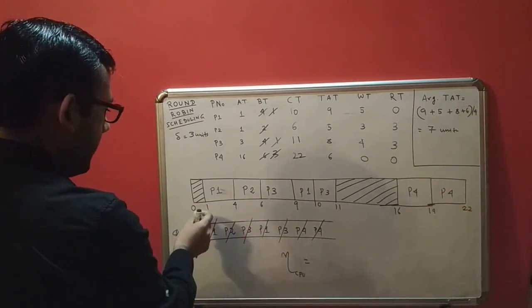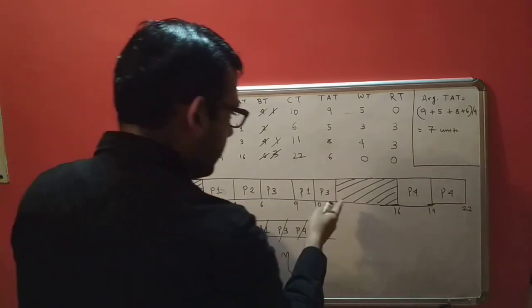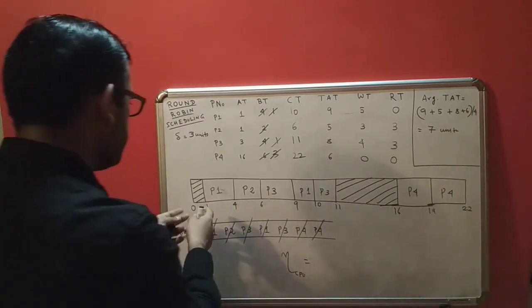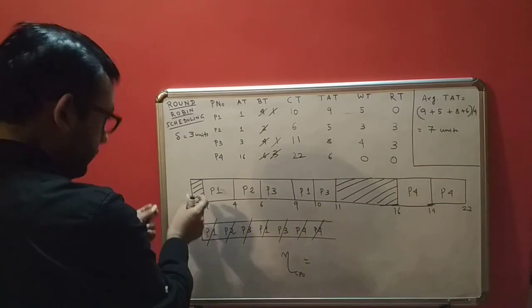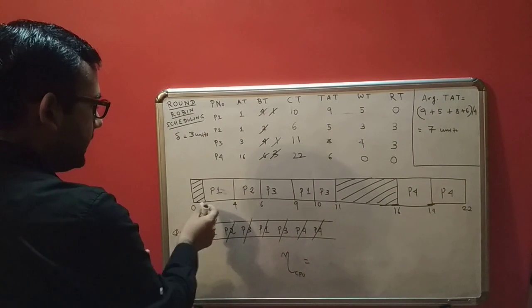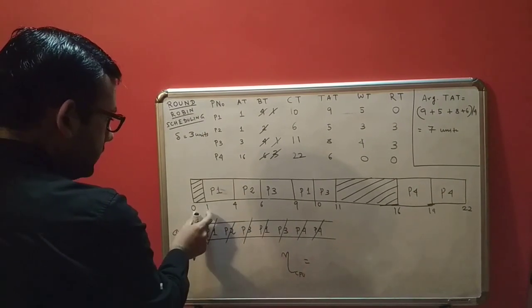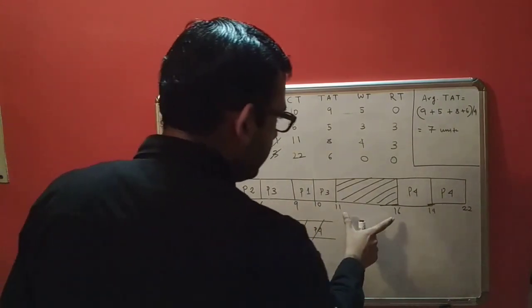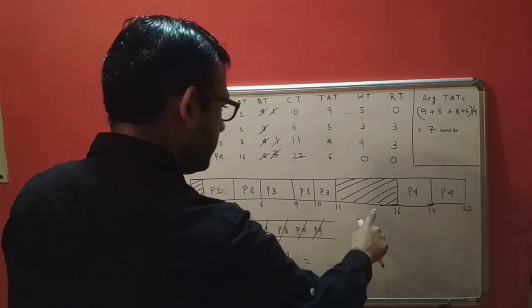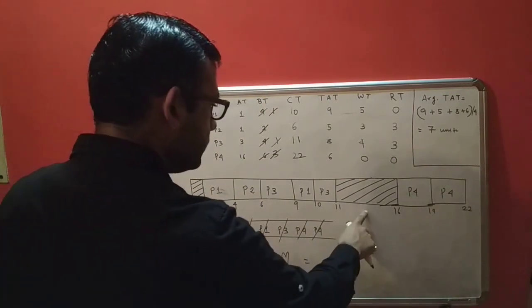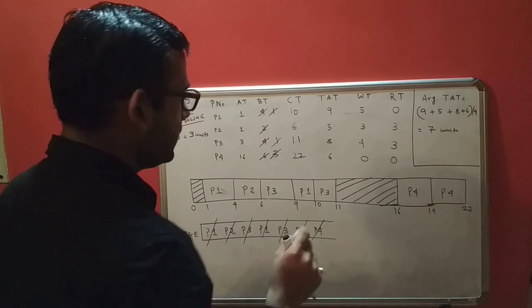Instead of finding the useful time, what we could do is find the time slots for which the CPU was idle. So here we can find 1 time slot, and here we can find 5 time slots. So that's 1 plus 5, 6. So for 6 units of time, the CPU was idle.